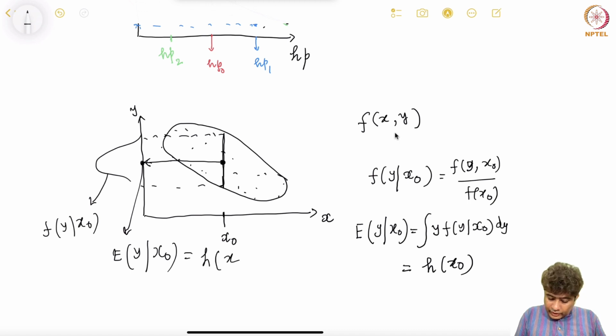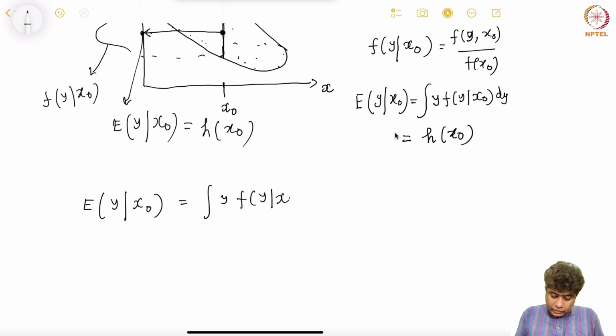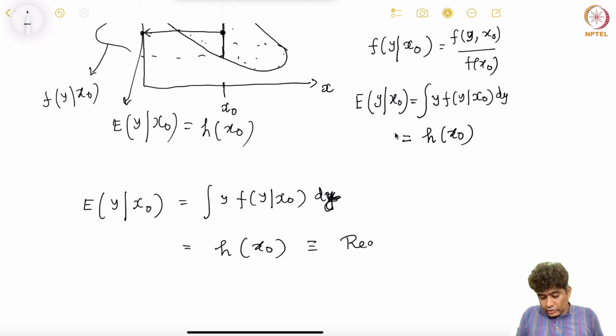It will be some function of x naught after integrating out the y. This conditional expectation of y given x naught will be some function of x naught, and this is typically called the regression function.